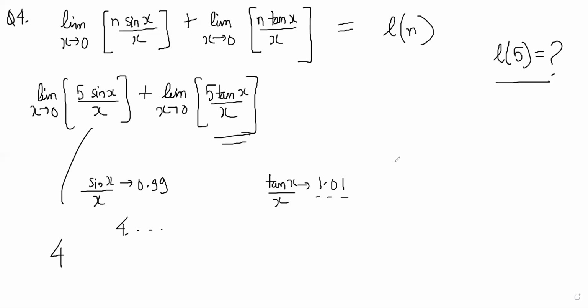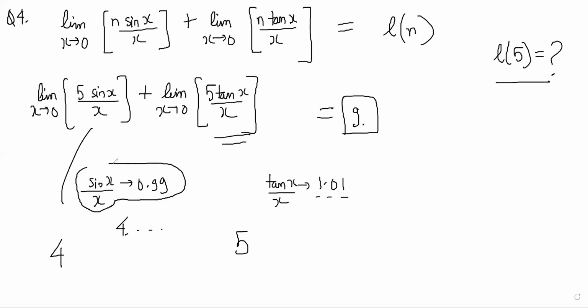And this will be 5.1 something, so 5. So answer should be 9, right? Check the answer. Should be 9. Yeah. So you just need to know which side it tends to 1 from. We have done that. So that's all. Okay. Next one is what?